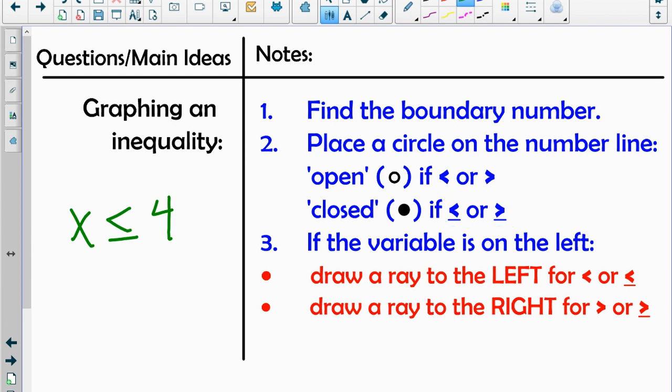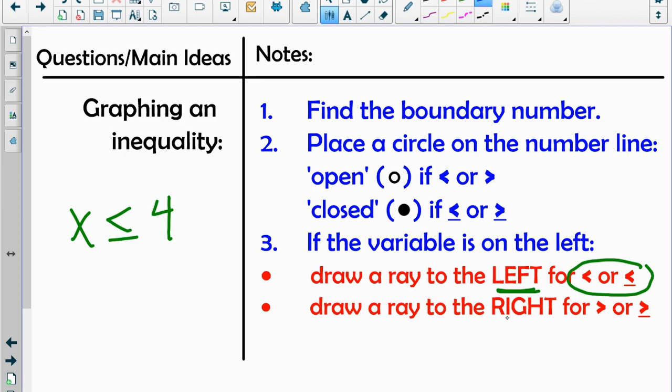All right, and then the third step is after you identify the boundary and you place the correct type of circle, we have to draw a ray to represent where all of these solutions are. Now, we draw a ray to the left if you have either one of the less than symbols. Okay, so our less than symbols point to the left, and on the number line, that's where our smaller numbers are.